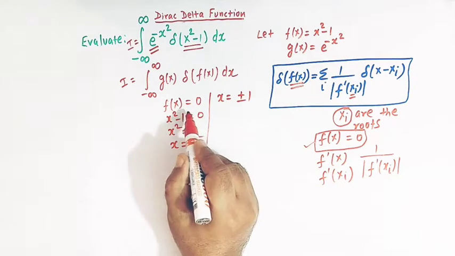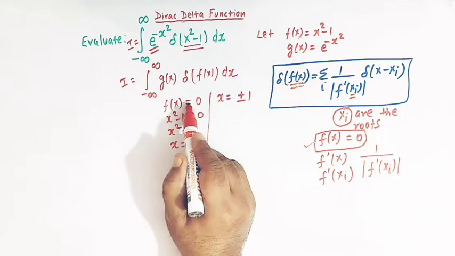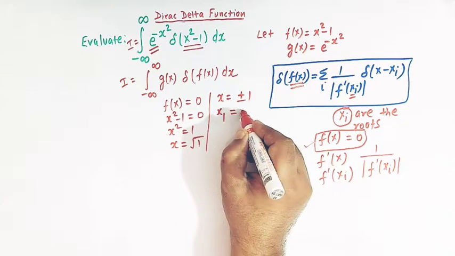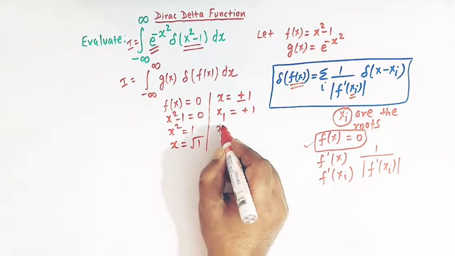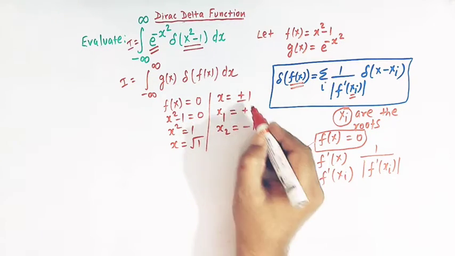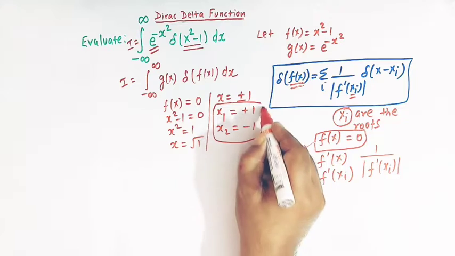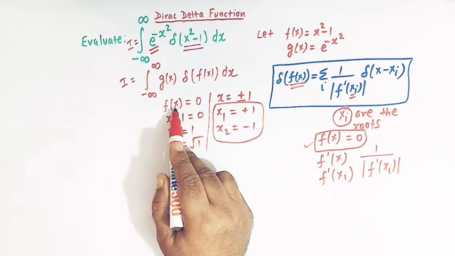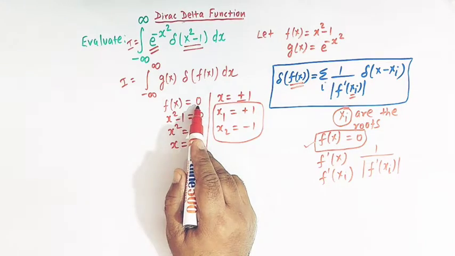So we have two solutions of this equation. The first solution is x1 equal to plus 1, and the second solution is x2 equal to minus 1.